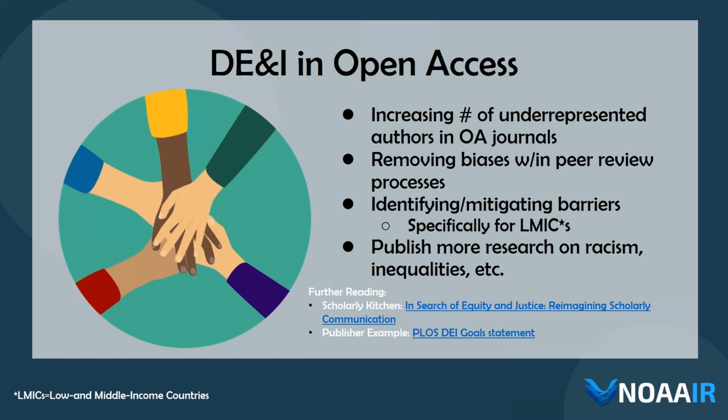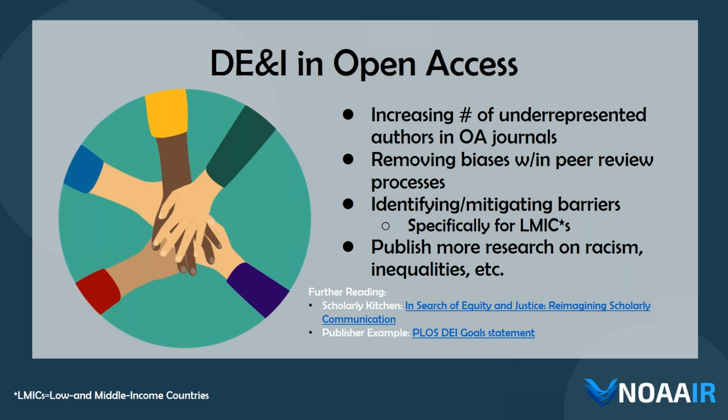And also, this last point goes to these two things I have linked down here that fall a little bit more on publishers, but I think authors should be aware of this as well. Doing more research and publishing more research on racism, inequalities, equity, underserved and underrepresented groups, and how all that ties into our research.